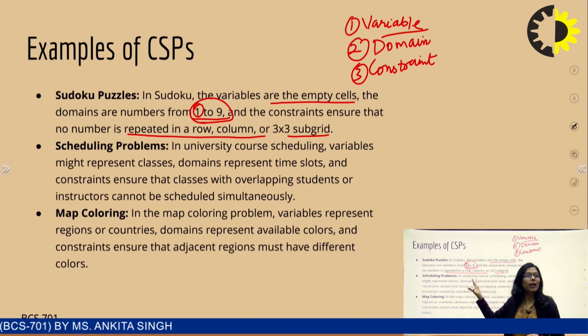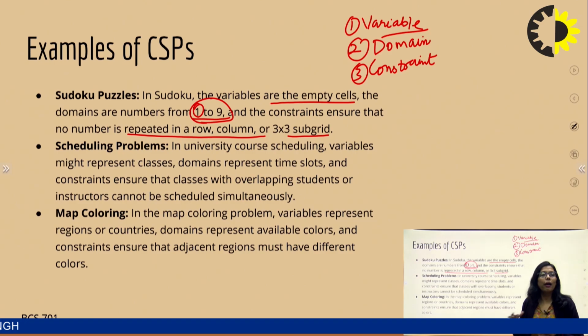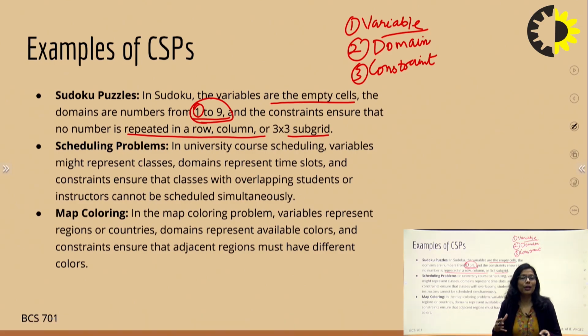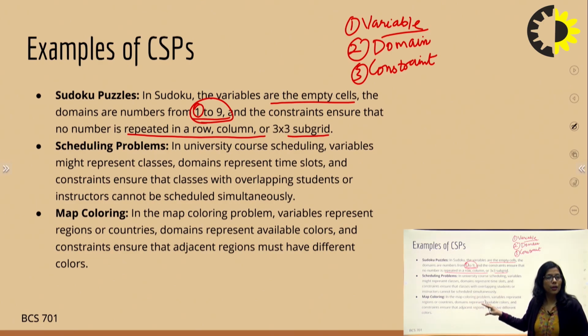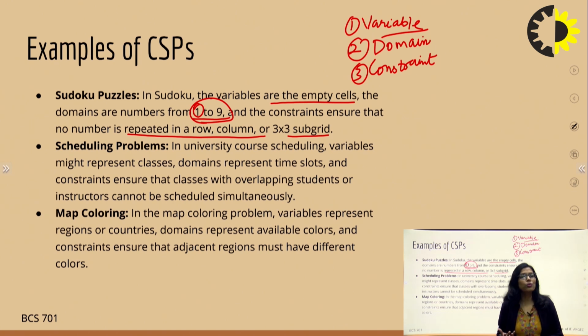Then map coloring. Map coloring is when we have a map of different countries and we have to ensure that no two adjacent countries have the same color. This is a map coloring example that we usually use to explain CSP problems. So these are the various examples of CSP: Sudoku, scheduling and map coloring.